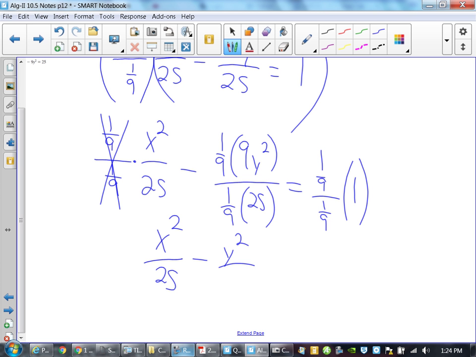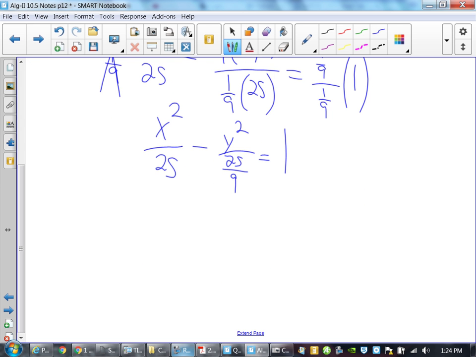And what is this going to equal? It's going to equal 1. What happens with this one now is that your a squared and b squared, your b squared value is just a crappy fraction.